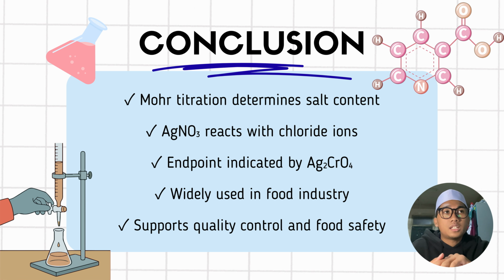This method is widely used in the food industry because it provides accurate results for monitoring salt levels. Therefore, Mohr titration plays an important role in food quality because it ensures food safety and also helps manufacturers comply with food standards and regulations.